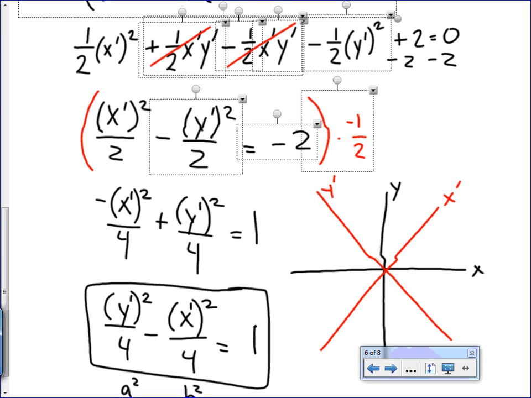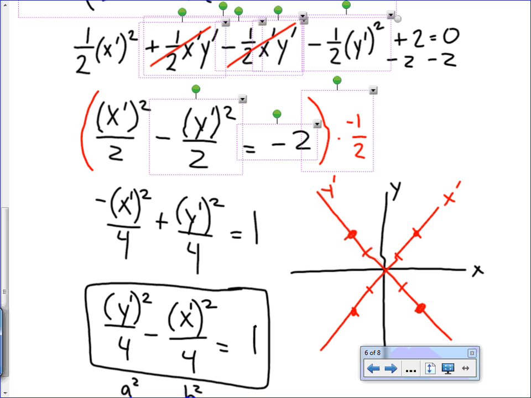So like I said, you would count up 2 and down 2 on the y prime for your a. So like there's a vertex. Here's a vertex point. So I know now that my hyperbola is going to open around that y prime axis. You can still use the b value, since b squared is 4. B is 2, so you can count on the x prime axis, right and left 2.